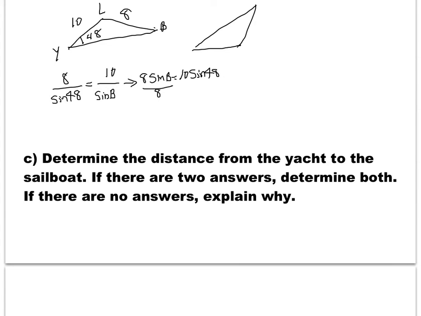Divide by 8, we get sine B is equal to 10 sine 48 divided by 8. If we use the inverse sine, we are going to get that B is equal to 68.3.